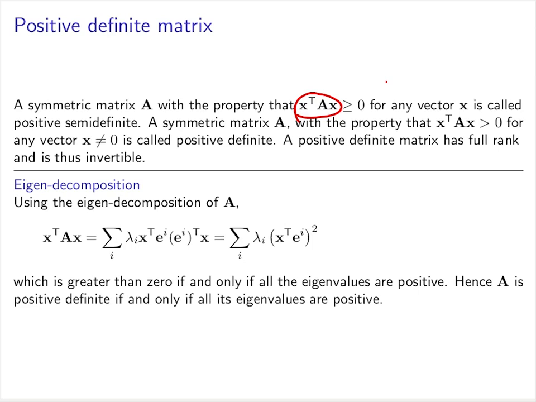And if it's actually always truly larger than 0 for all vectors that are different from the 0 vector, then it's called positive definite. And a positive definite matrix has full rank and therefore is invertible. And it also has the nice fact that all its eigenvalues are positive.